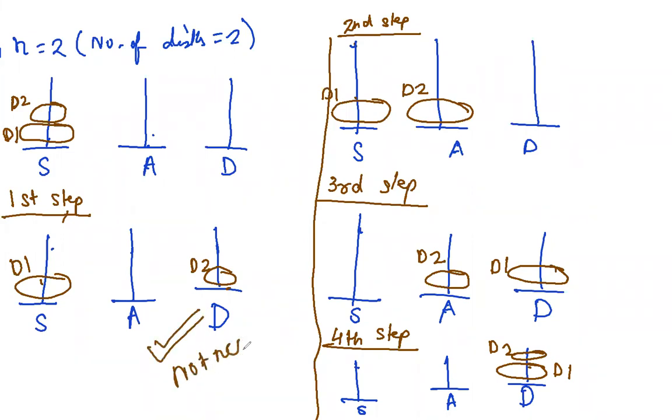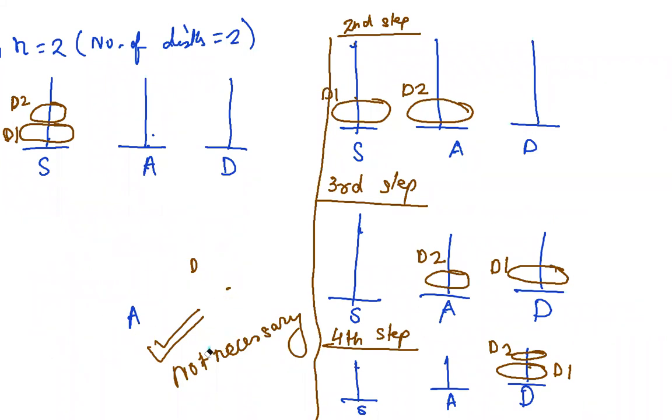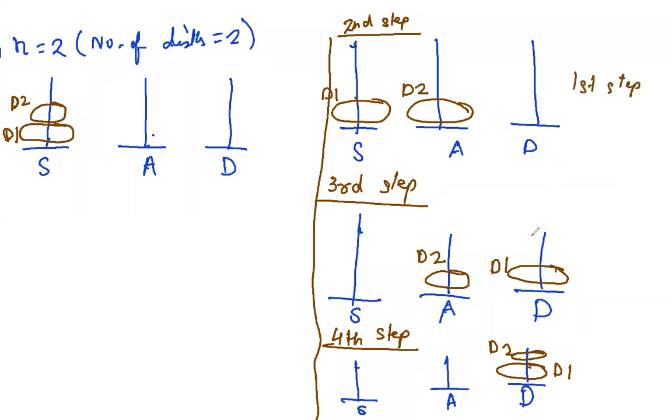If you see, ultimately what we are doing is we are moving D2 to A. So instead of moving to D, we will be moving it to A. So when that happens, this particular step won't be there, and we can move D2 directly to A, and in that case, this becomes the first step, this becomes the second step, and this becomes the third step.